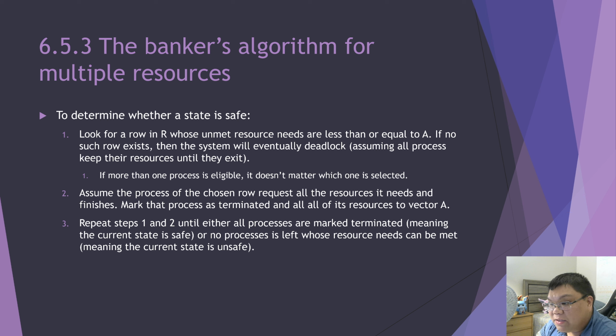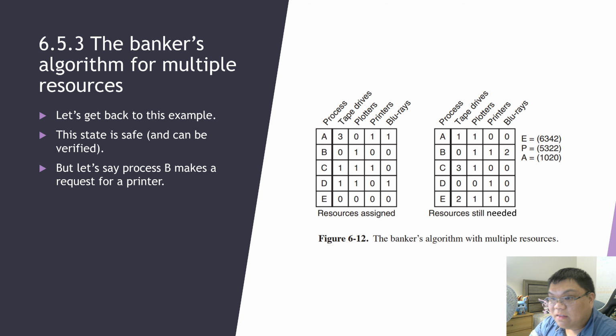Mark that process as terminated and add all of its resources to vector A. Number 3, repeat steps 1 and 2 until either all processes are marked as terminated, which means the current state is safe, or no process is left whose resource needs can be met, meaning the current state is unsafe.